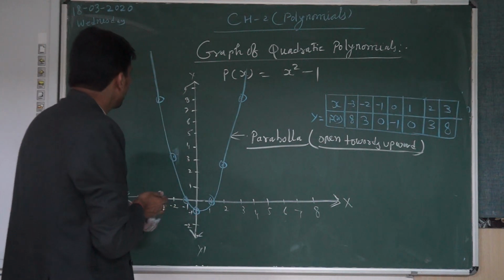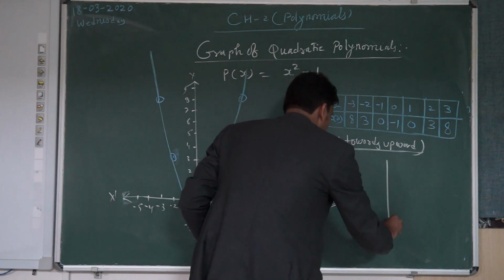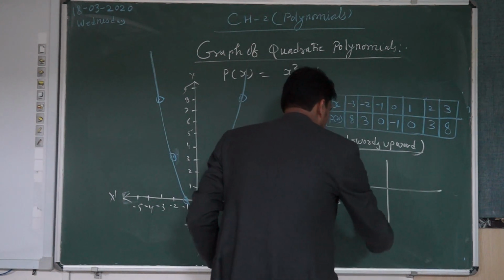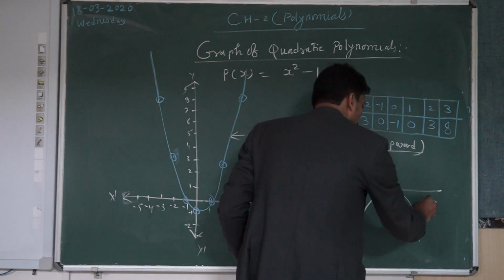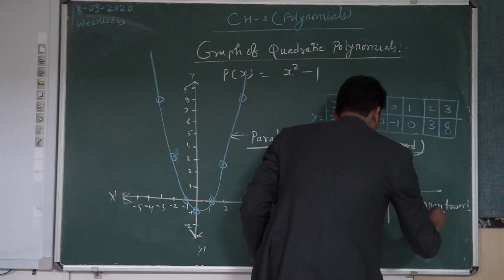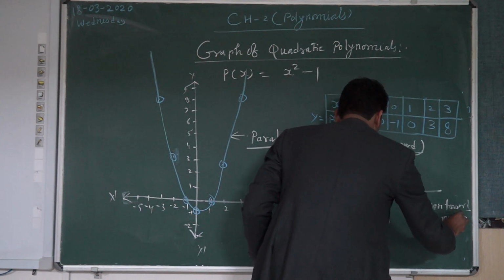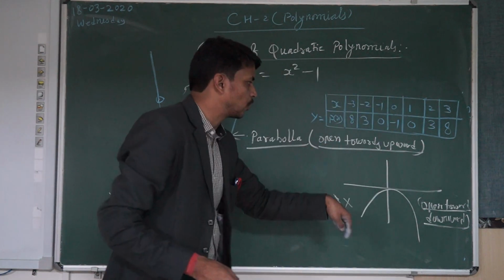You will get many more parabolas everyone. It might happen you will get the parabola in this shape. So you will say it is open towards downward. Correct? It is open towards downwards.